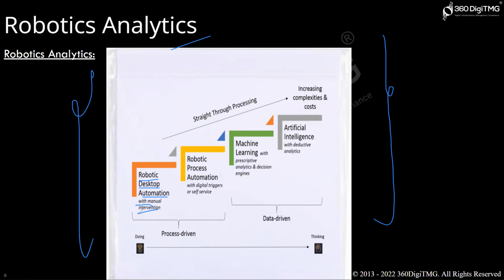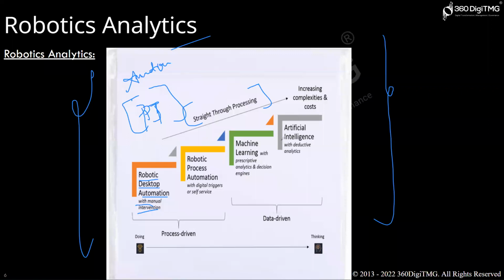The best example is a PowerPoint presentation, guys. We have tried to create animation in PPT. And straight through processing. I'm going to show you what I have prepared for this robotic analytics, the animation, and this process of automation, and how I'm going to implement it using this automation.